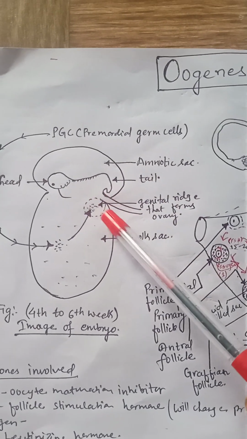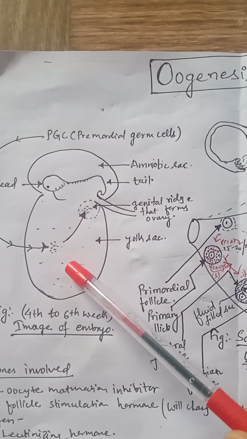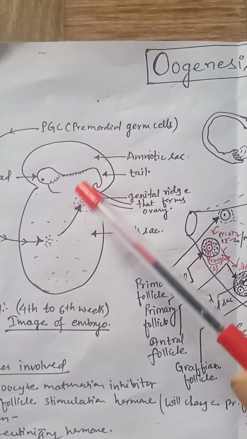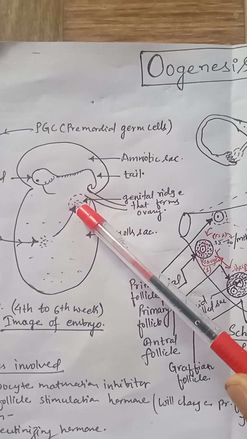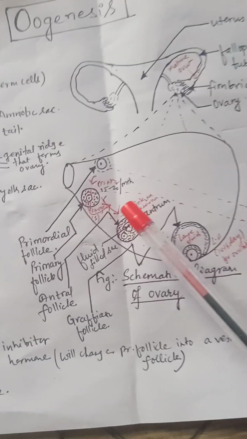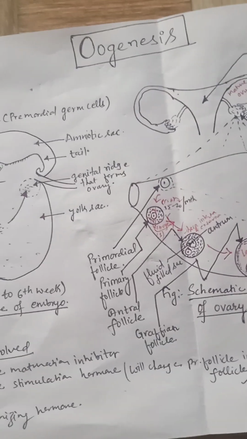This portion is known as the genital ridge of the embryo. When these cells move inside the epithelial cells in the genital ridge and differentiate slowly, this part will take the form of a gonad called the ovary. Here we can see it has taken the form of the ovary.